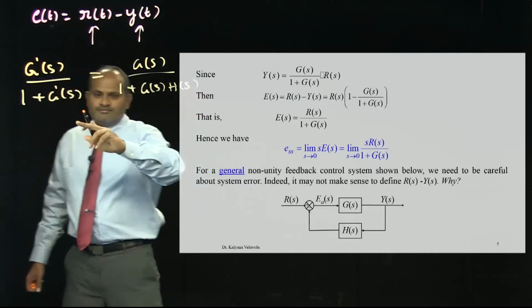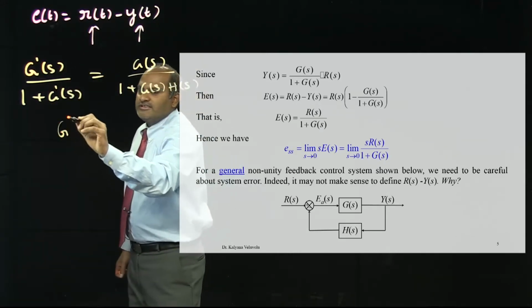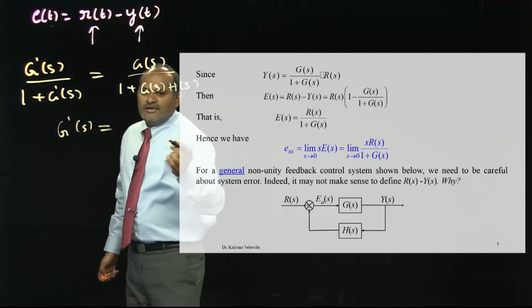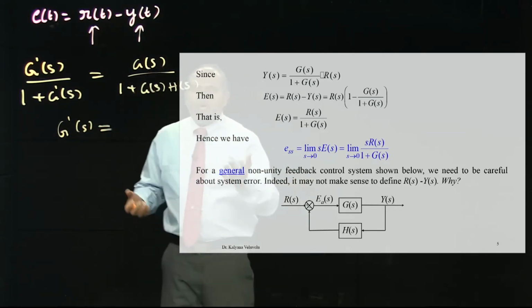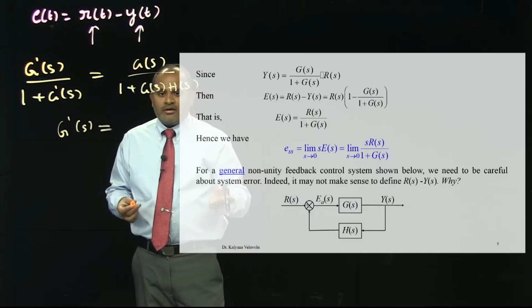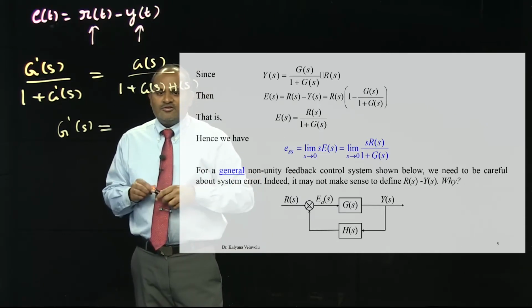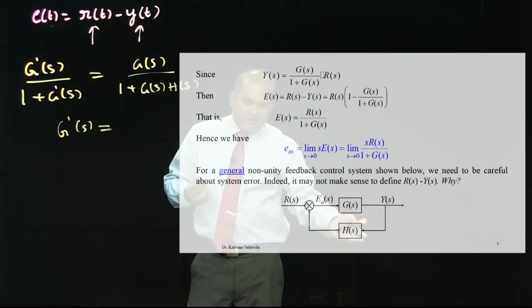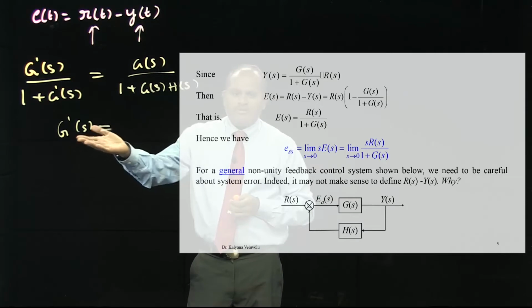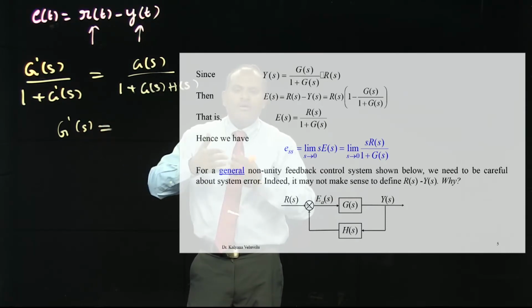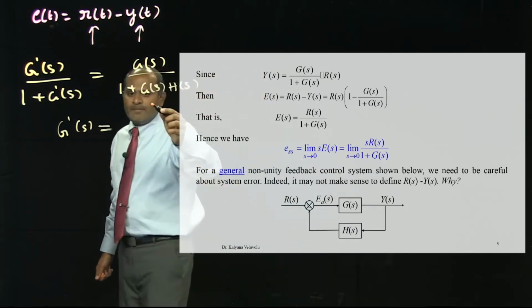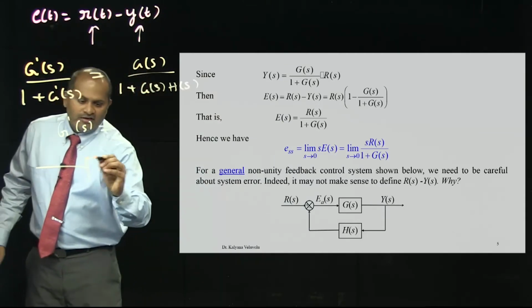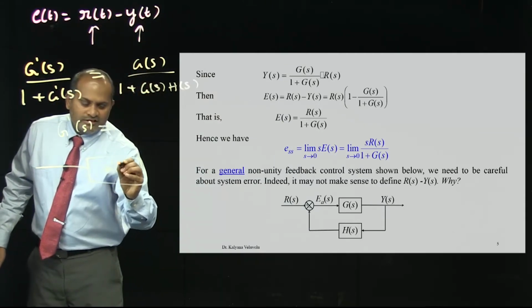Solve this problem and find G dash of s. G dash of s will be your unity feedback control system transfer function. We know from the block diagrams we can change the blocks and remove the blocks. So, modify the system, and you can easily solve for G dash, where G dash of s will be the unity feedback system. That means I can write this in terms of G dash of s.